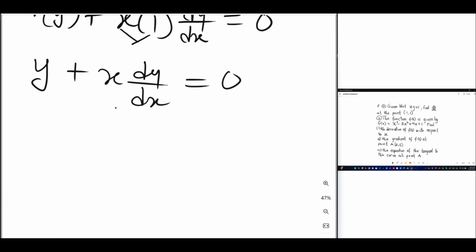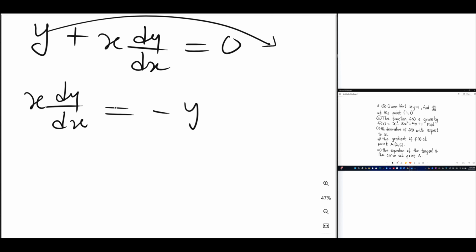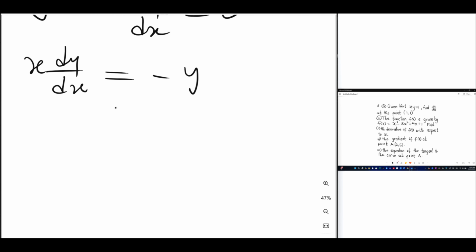So we need to make dy/dx the subject. We have x dy/dx, then we transpose the y to the left hand side, becoming negative y. We are looking for dy/dx, not x dy/dx, so we divide through by x, or you can multiply through by 1 divided by x.